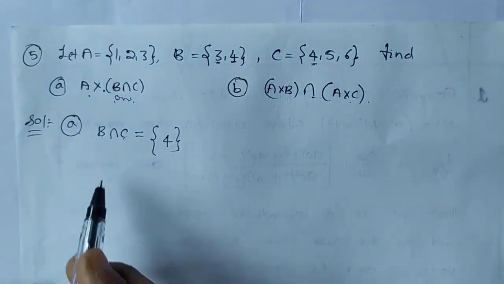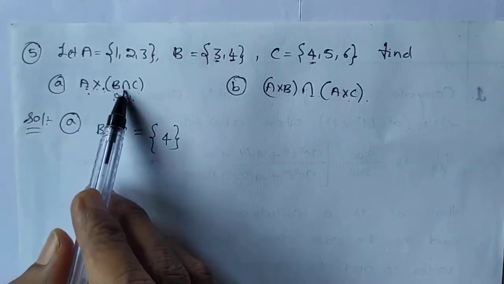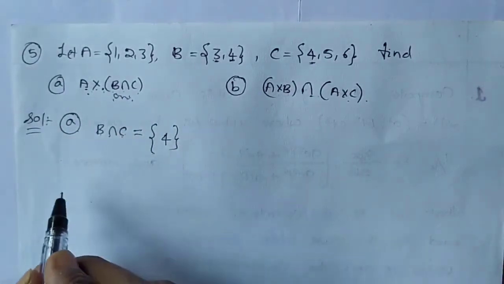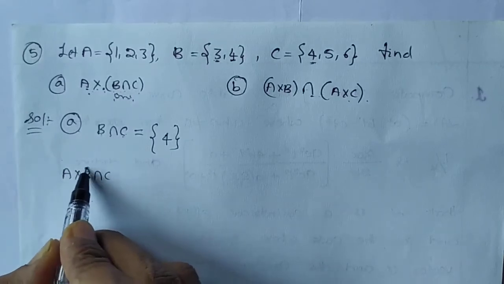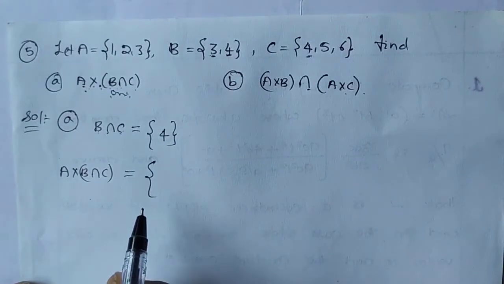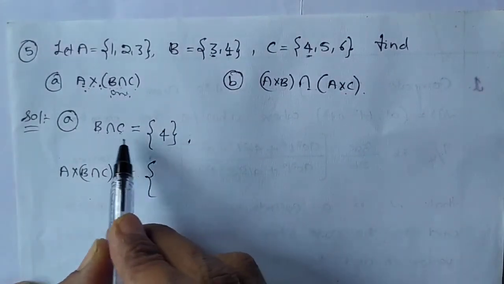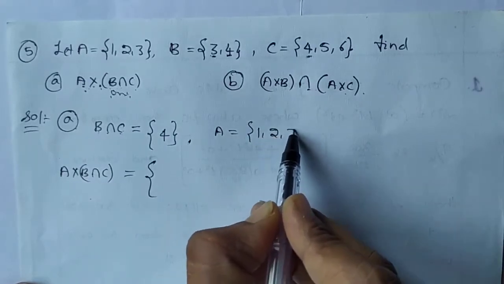Next, what do we have to find? A cross (B intersection C). Let us find A cross (B intersection C). It is B intersection C with set A equals 1, 2, 3.